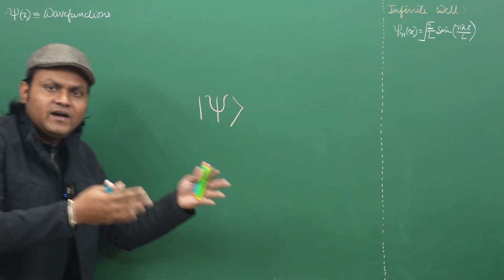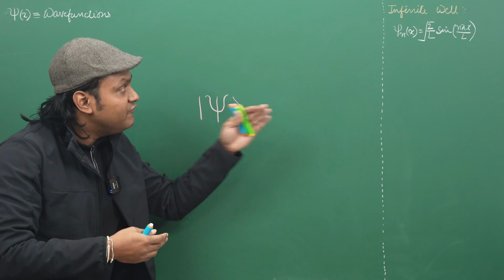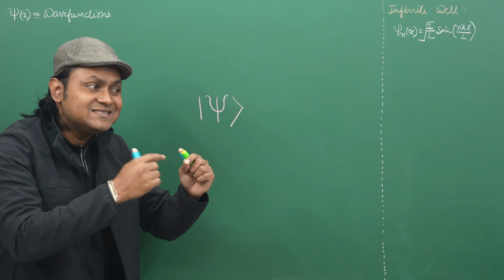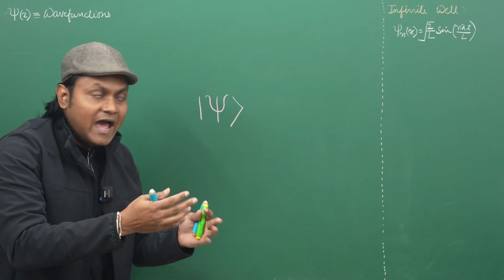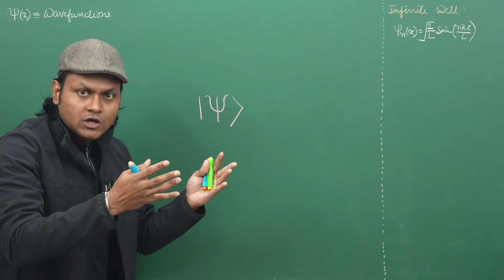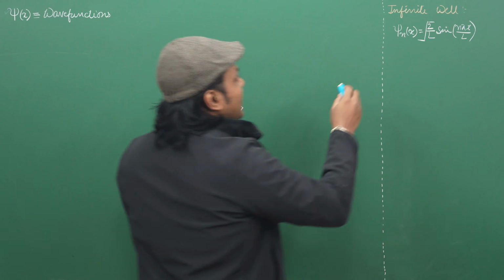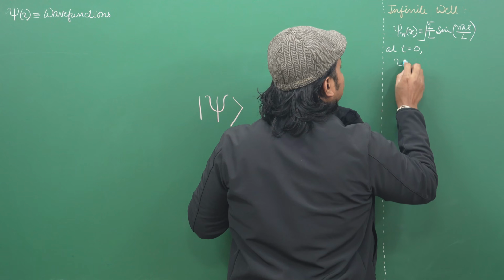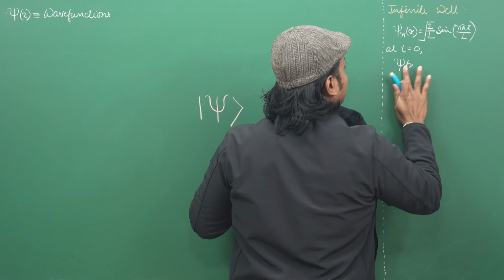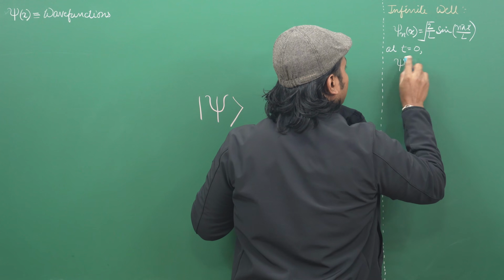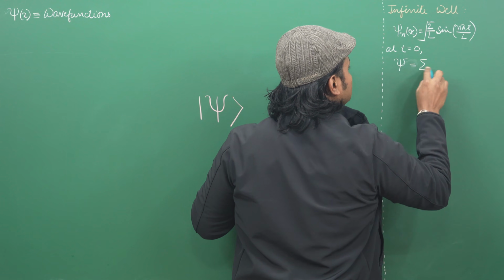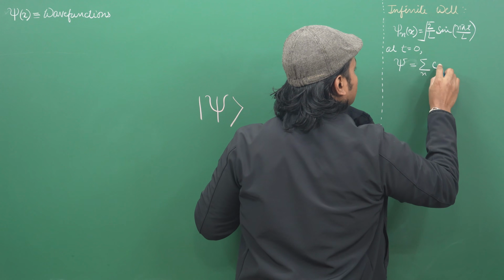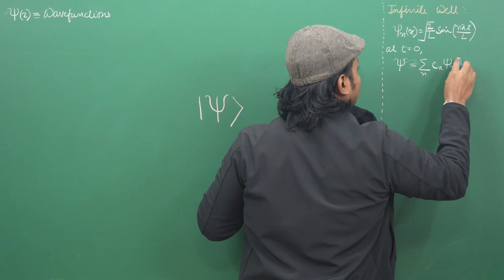And there are infinite such eigenfunction solutions, every solution corresponding to some discrete energy level. And the general wave function for that particular system at time t equal to 0 is written as a linear superposition or summation of these eigenfunction solutions.